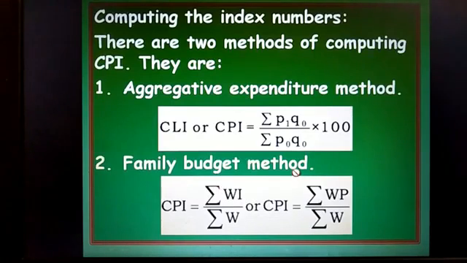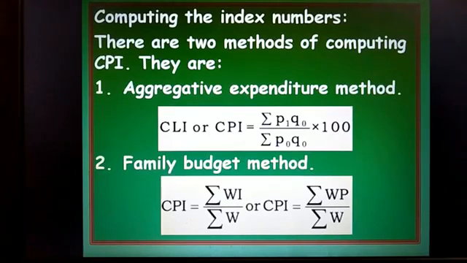Already we have solved the problems based on it, so we will know these two formulas also. So right from defining the purpose and the scope till computing the index numbers, we have to write this as the answer for 5 marks if the question is to briefly explain the steps of construction of consumer price index number.